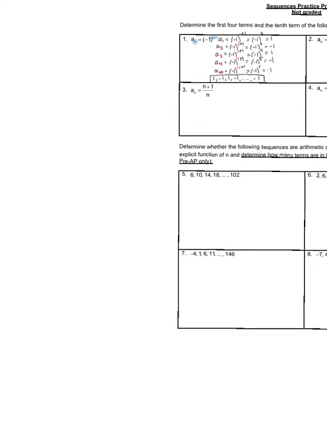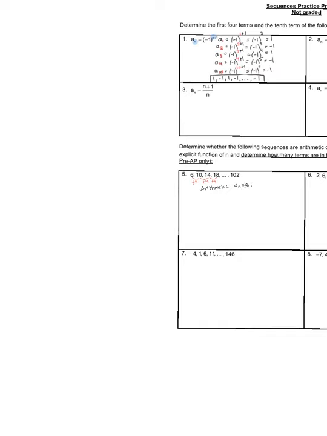So you're going to determine if it's arithmetic or if it's geometric. So on this first one here, if I go from 6 to 10 and then 10 to 14, I'm adding 4 each time. So since I'm adding to go from one number to another, that means that this is arithmetic. And the arithmetic sequence, this is the formula.